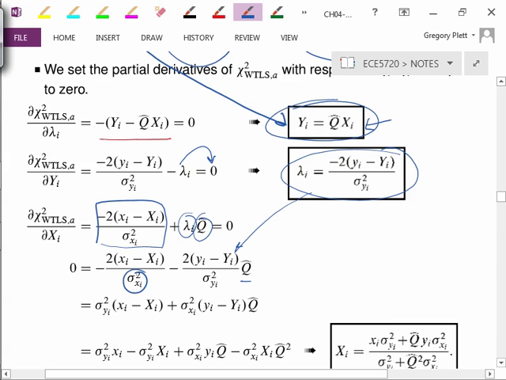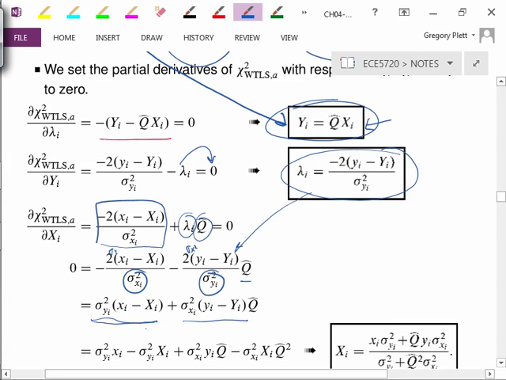So when I multiply both sides by this, the left side is still 0, but I get a sigma_x squared in there. When I multiply both sides by this, the left is still 0, but I get a sigma_y squared there. And I also multiplied both sides by -1 to clear the minus sign. The next thing I did was to expand.